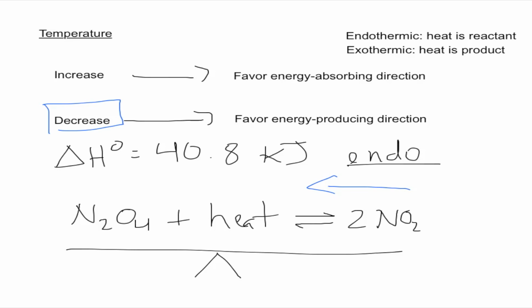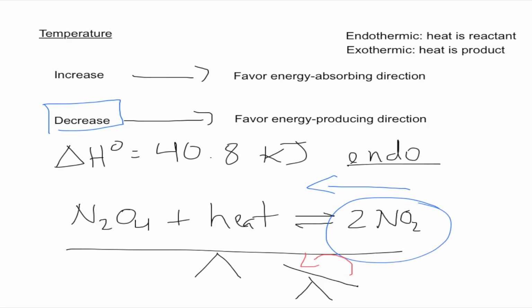So right now, this side right here is heavy because it's favoring it. So you have it like this, and what you want to do is just go to the left, opposite.